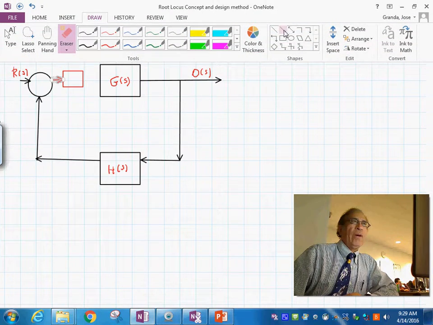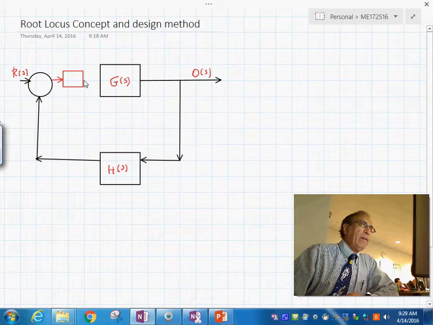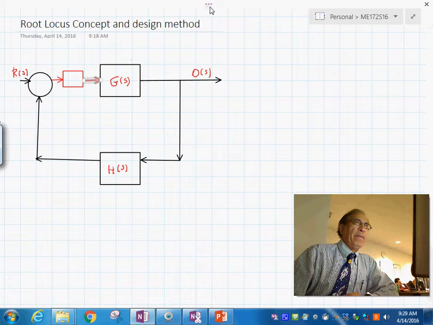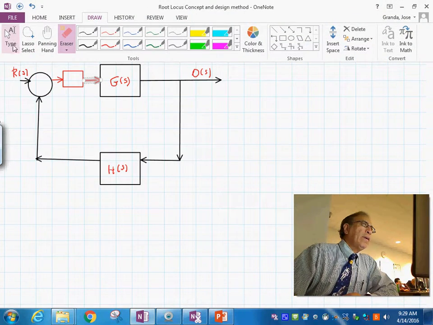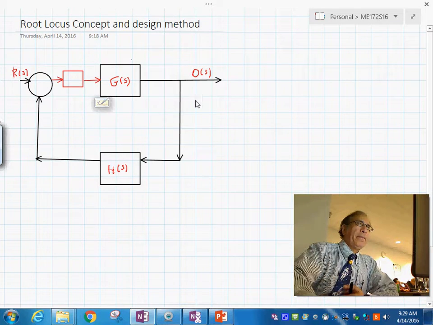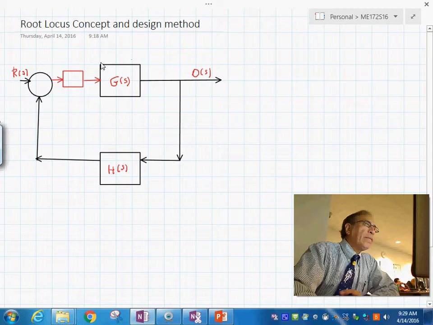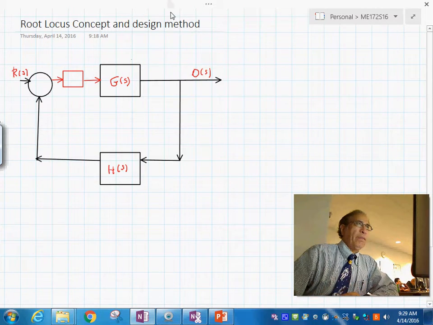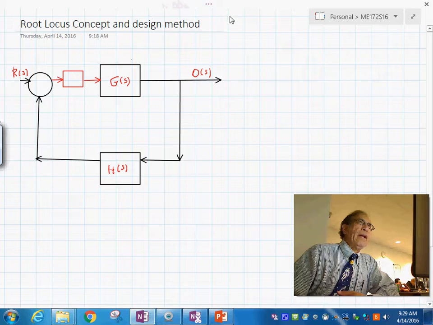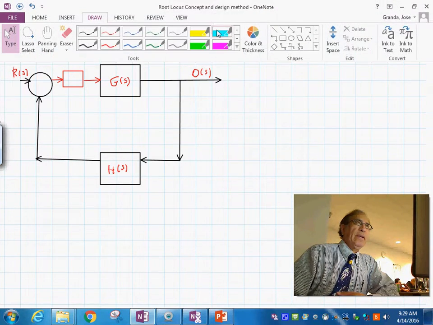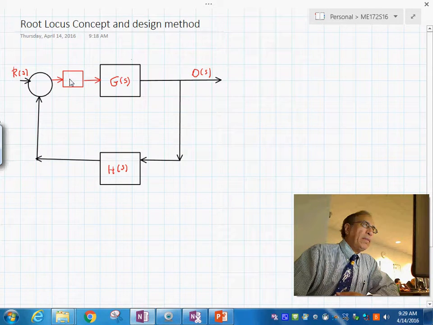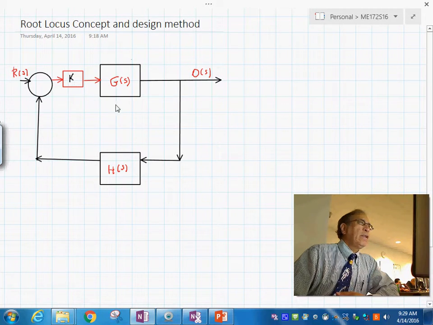Alright, what will happen if to my basic system loop I add this little block in here with some constant value in this case? So let's put it here to make the contrast. We're going to call it K. Okay, so let's put some names. This is your system, okay?